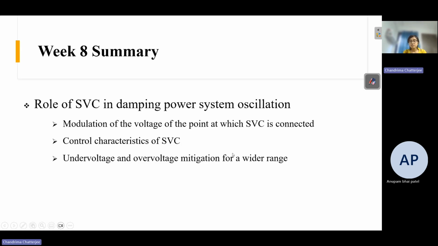In last week's discussion, we talked about the different roles of static var compensator other than voltage control.